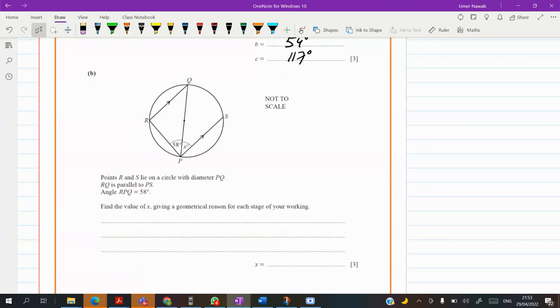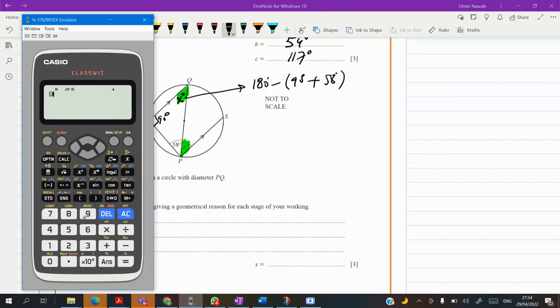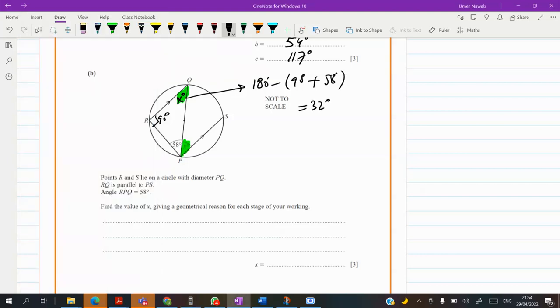Parallel lines again given, so we need to know the alternate angles. This is X, that is also X. 58, it's a diameter, so this is 90 degrees. We can easily find X. Your X will be equal to 180 minus 90 plus 58. So 90 minus 58 gives me 32. So X is 32.